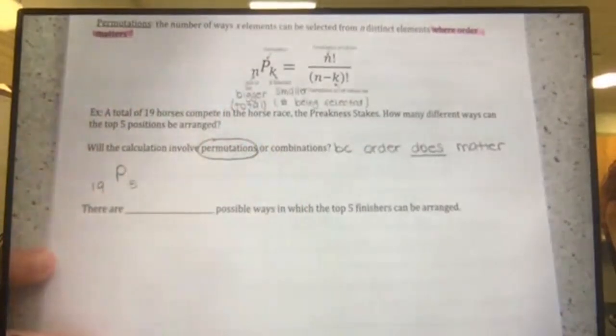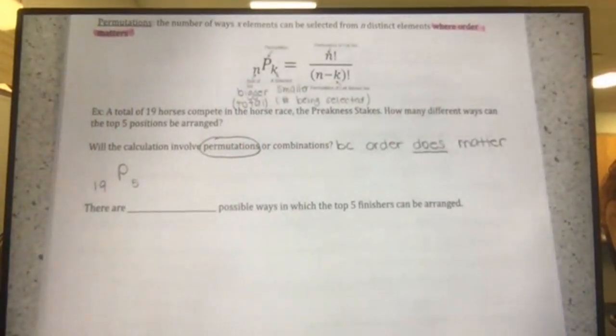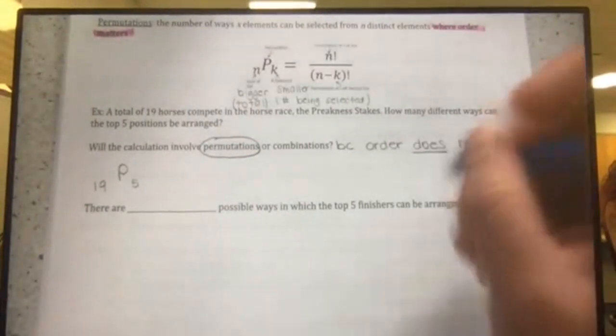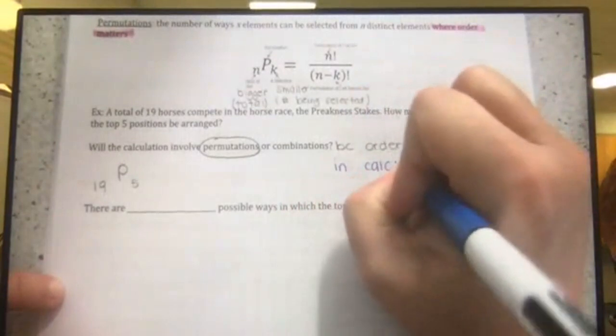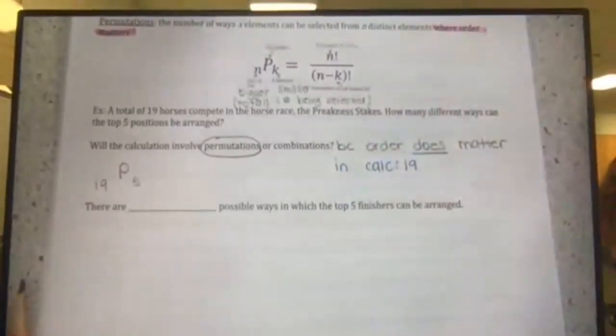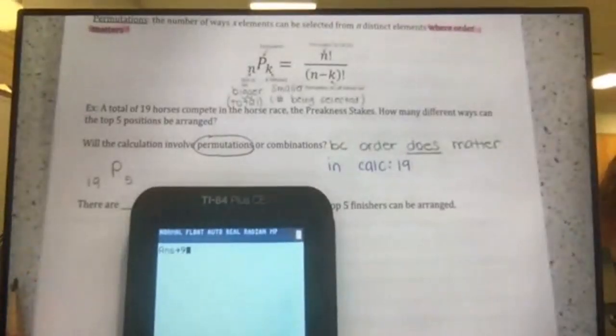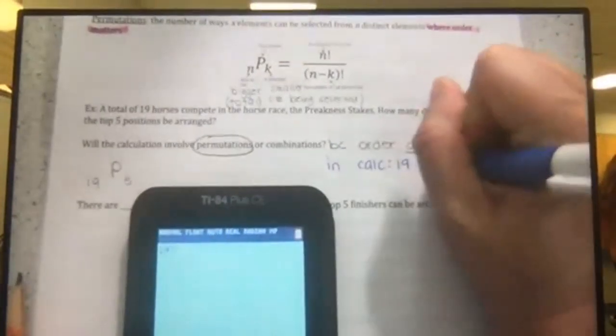If you want to plug it into that crazy formula, you can. If not, we're going to do the same exact thing in our calculator. So we're going to type in 19, just like we did earlier. We're going to hit our math button, third button down.